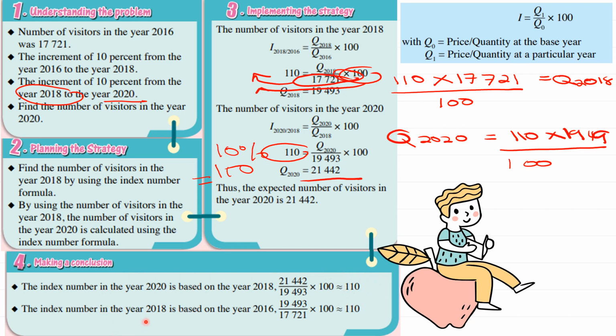While for 2018 based on 2016, you divide the quantities and you will get 110, meaning there is an increment of 10% in the number of visitors from the base year to the particular year.